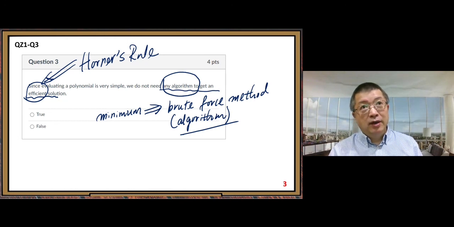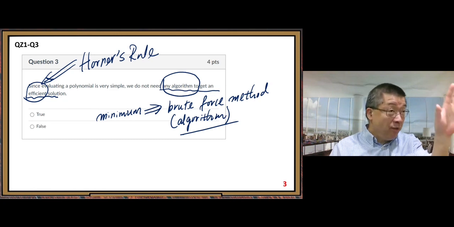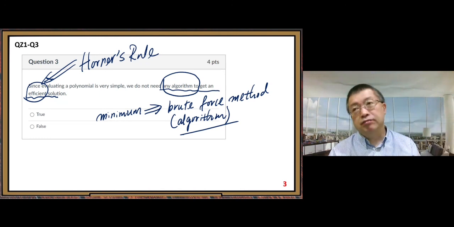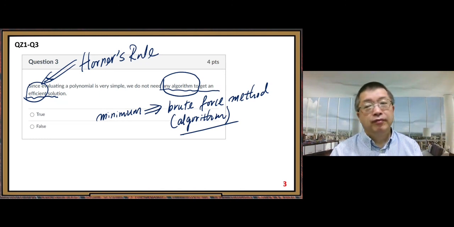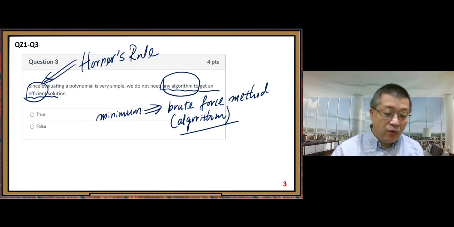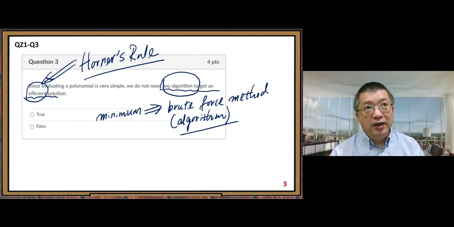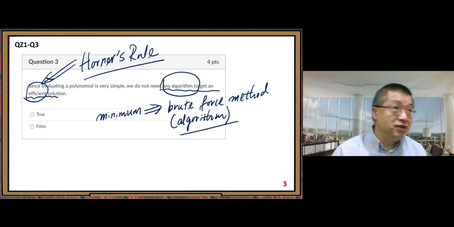The performance provided by Horner's rule, we can treat as efficient. We are very satisfied with Horner's rule. So we can say that's an efficient algorithm. And we need that. We need a special algorithm.